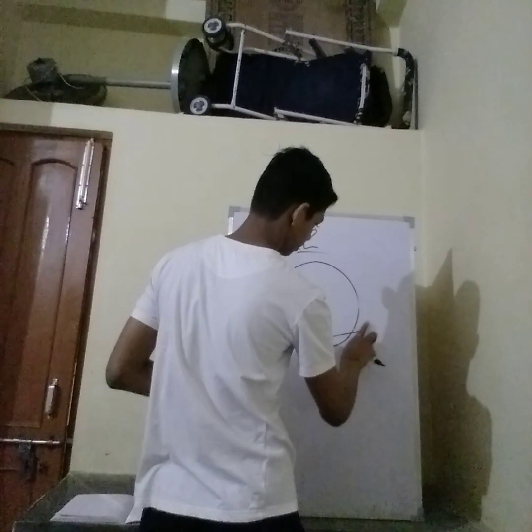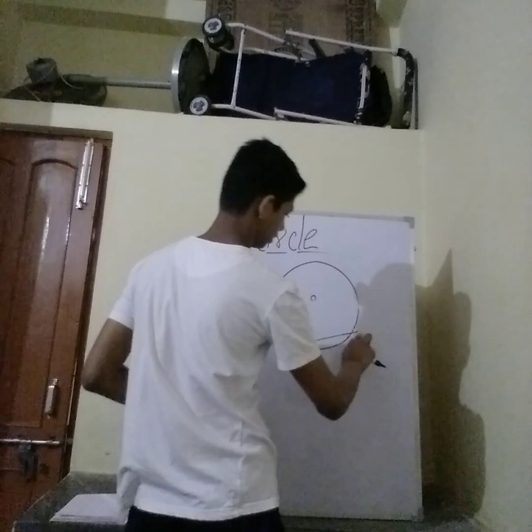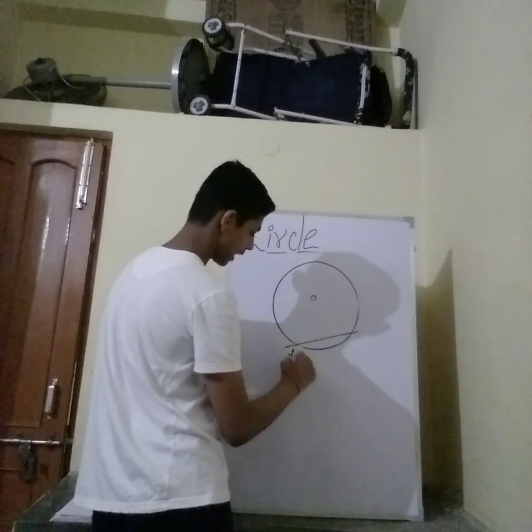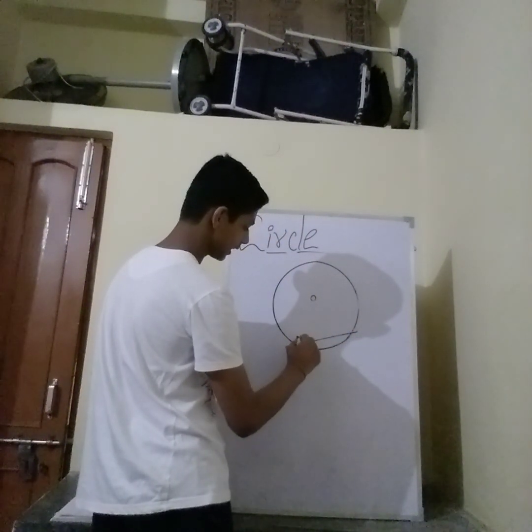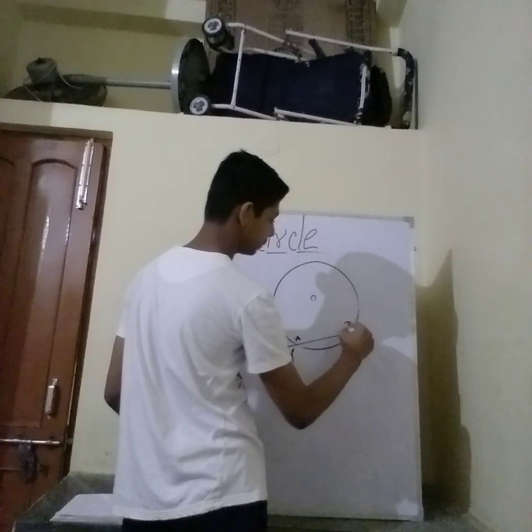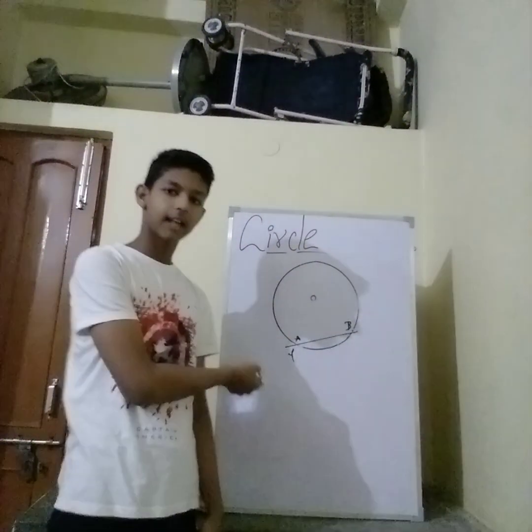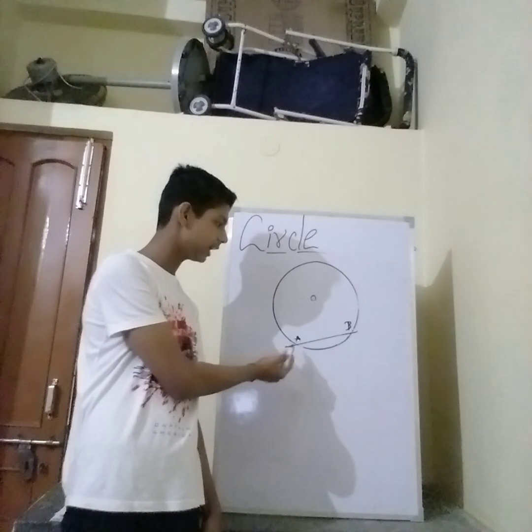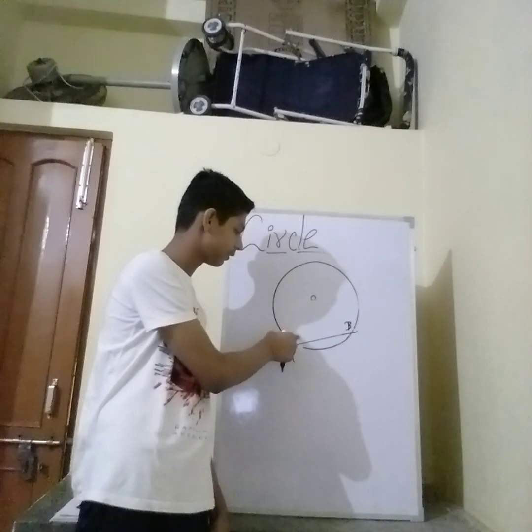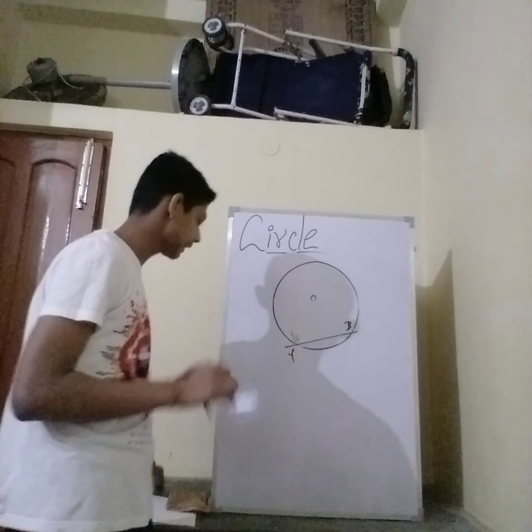It's line L intersecting at A here and intersecting at B there. So this is called a secant.